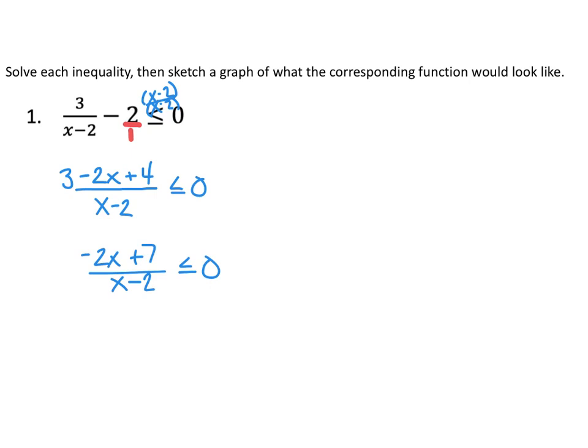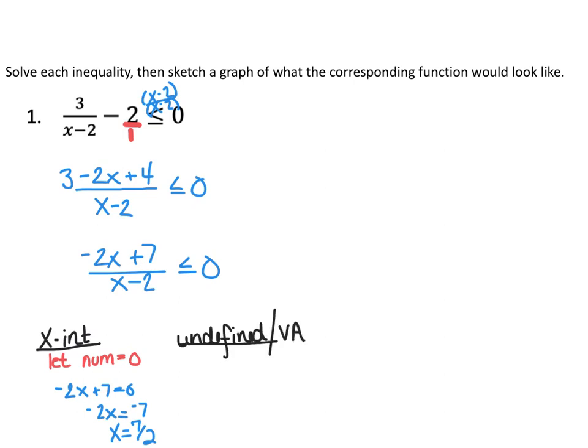All right, so I'm going to set up a sign chart. I'm going to need my zeros or my x-intercepts. That's where I let my numerator equal 0. So I would have negative 2x plus 7 equals 0. To solve this, I'd subtract 7 from each side and divide by negative 2. So my 0 would be x equals 7/2. Next, I'm going to state where I have any undefined values, where the corresponding function, of course, would have vertical asymptotes.